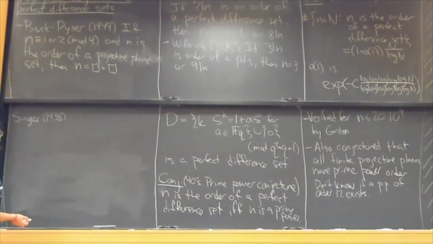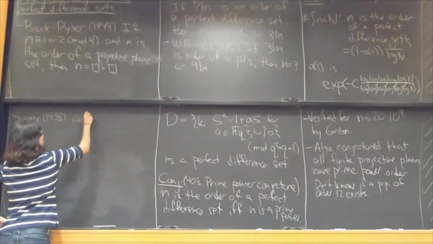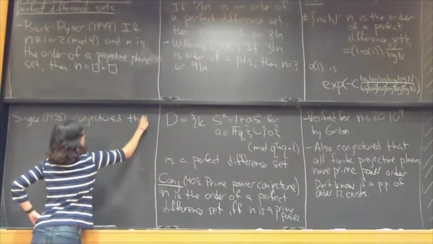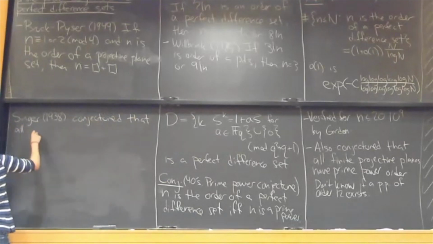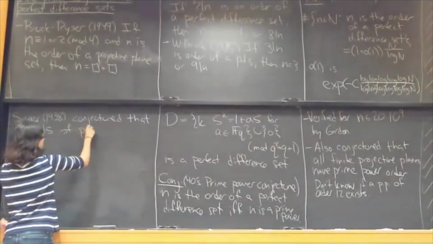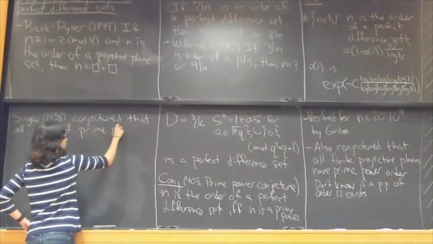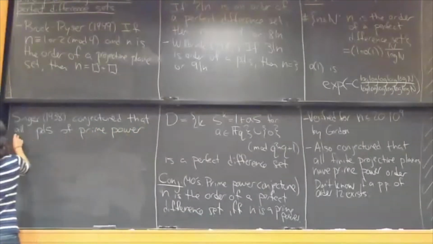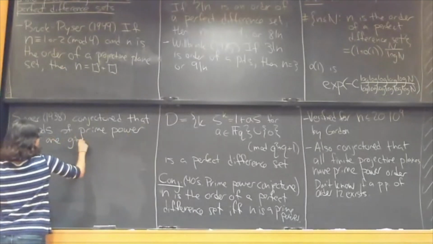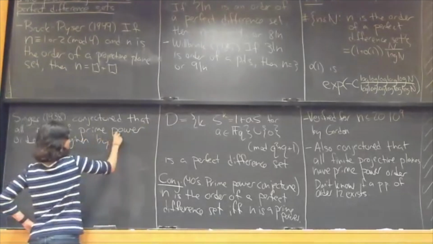So Singer, in his original work on this stuff, conjectured that all perfect difference sets of prime power order are given by this construction.